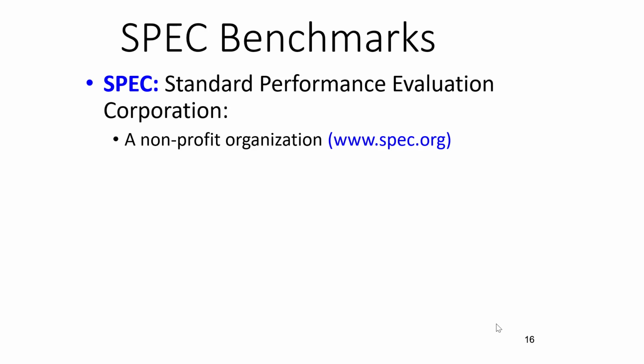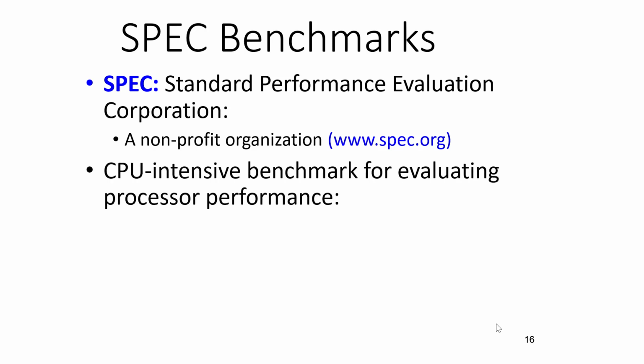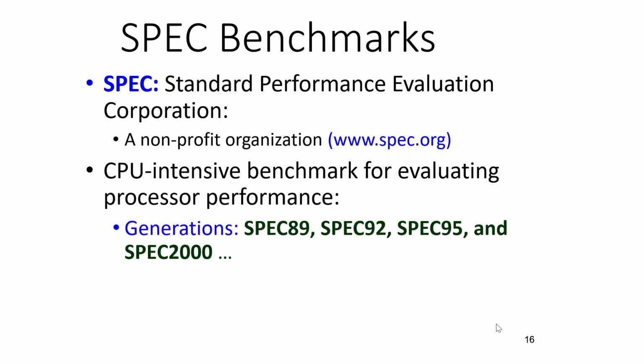Nonetheless, let us look at a few of the standard benchmarking programs. So we have Spec. Spec stands for the Standard Performance Evaluation Corporation. It's a non-profit organization. It creates CPU intensive benchmarks for evaluating processor performance.